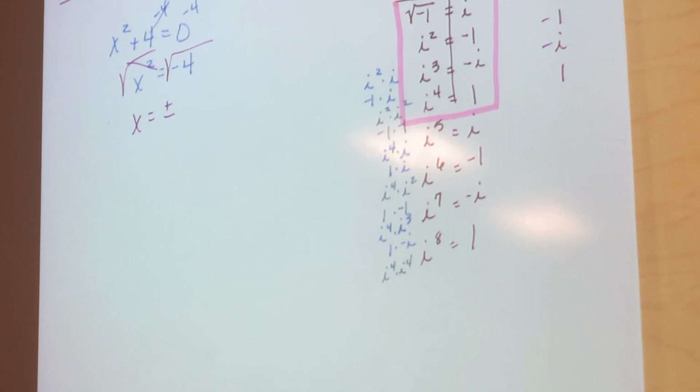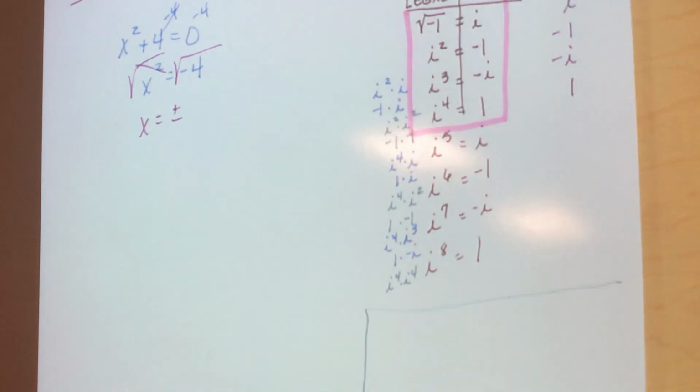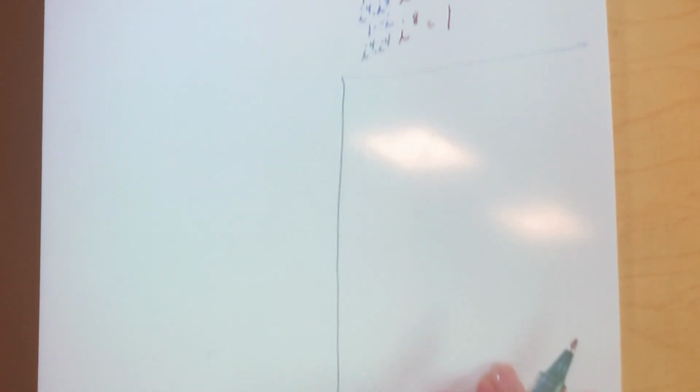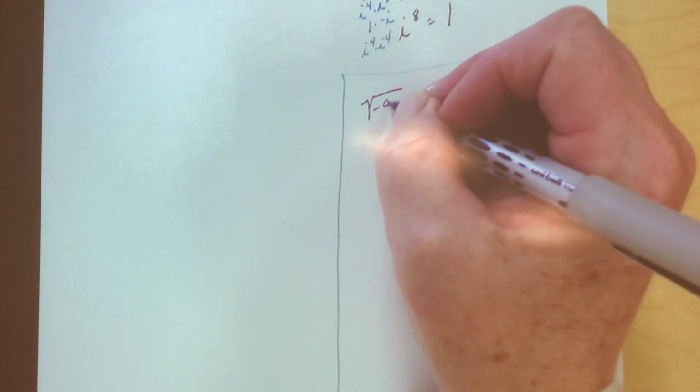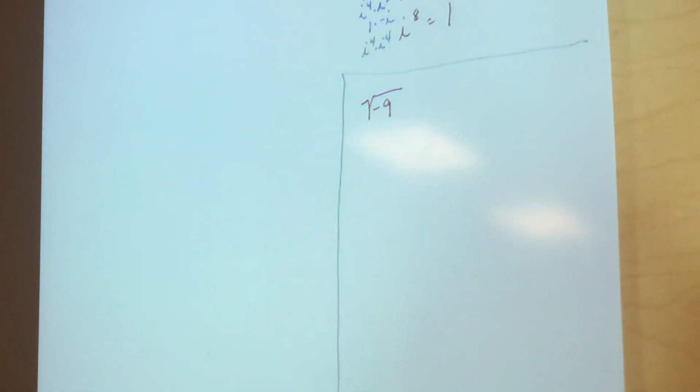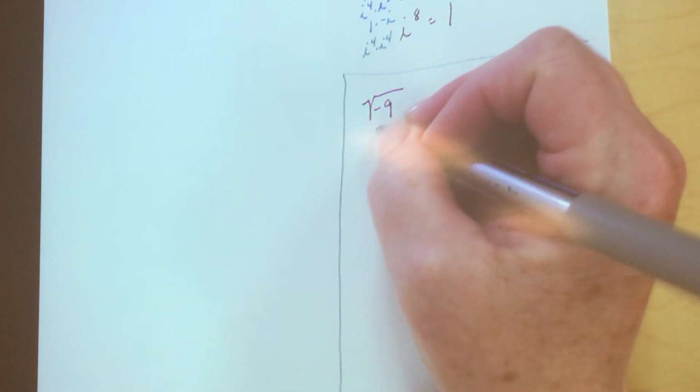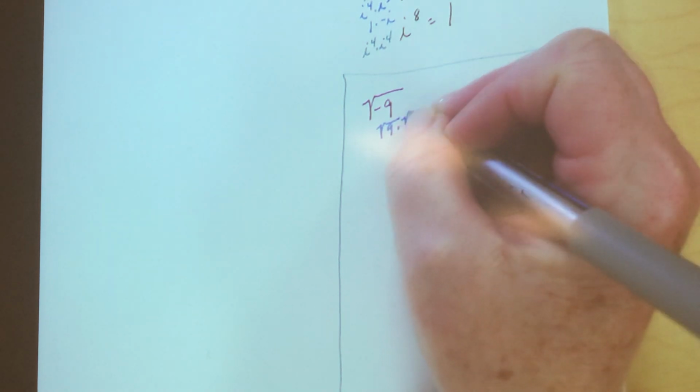So let's go down here and let me show you what this is used for. Let's talk about the square root of negative 9. Do you agree that that is the square root of 9 times the square root of negative 1?